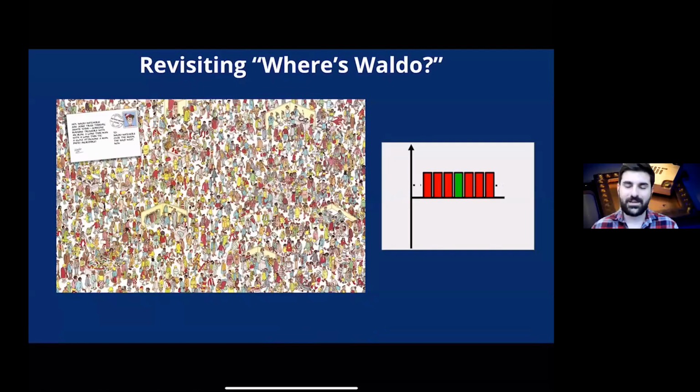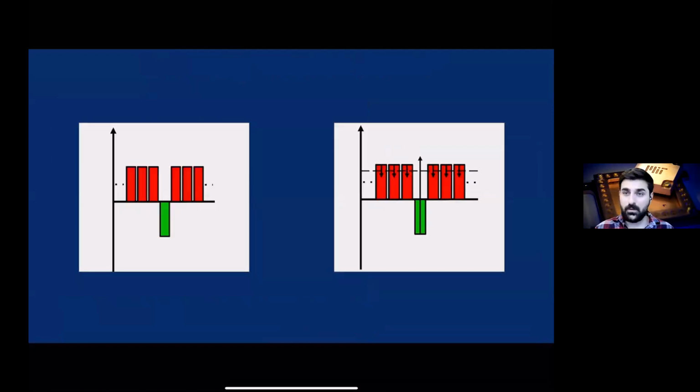So if we were to revisit the Where's Waldo example that we have, when we have the picture, the way that we start basically corresponds to every single person in the picture being Waldo with the same probability if I just take one look at the picture. Now, again, we do this amplitude amplification step, or the Grover step, where we use the oracle to flip the amplitude of the green cell, which is the correct cell that we're looking for, and then we revert everything with respect to the mean, which shoots up the green cell above the other red cells.